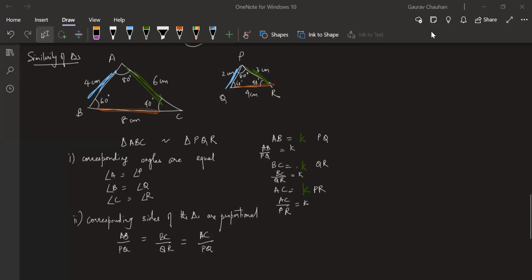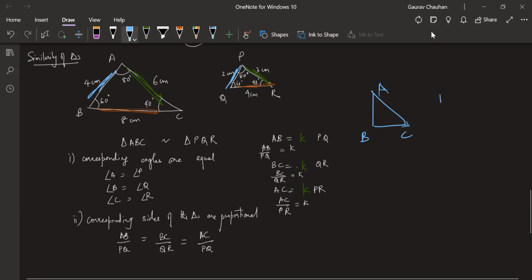Now, a very, very important thing to note here is that if any one of these conditions is satisfied, the triangles become similar. And if they are similar, automatically the other condition is also true. Suppose there are two triangles, ABC and PQR, with 30 degrees, 30 degrees, 60, 60, and 90.